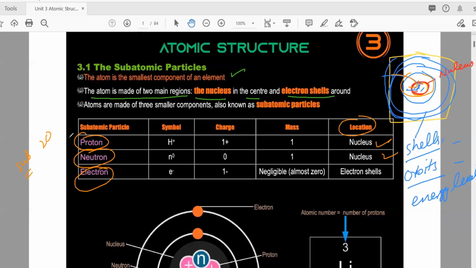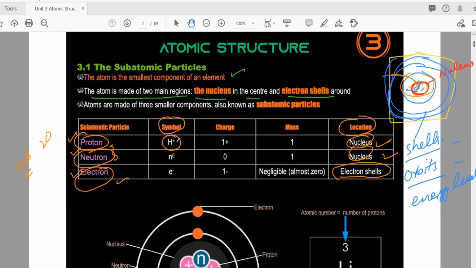So now we'll talk about proton, neutron, and electron. As we said, protons and neutrons are found inside the nucleus, and electrons are found around the nucleus in the shells or orbits. If you talk about the symbols, for proton we use the symbol H positive.